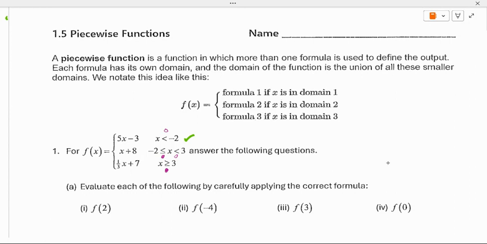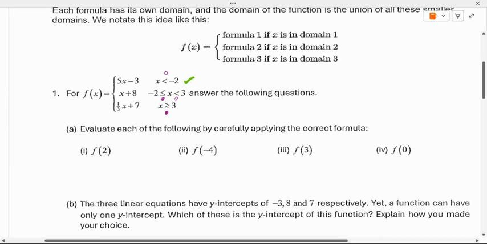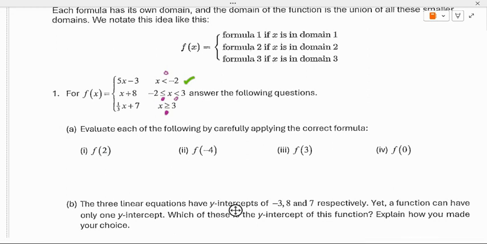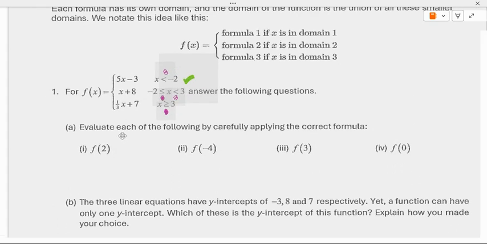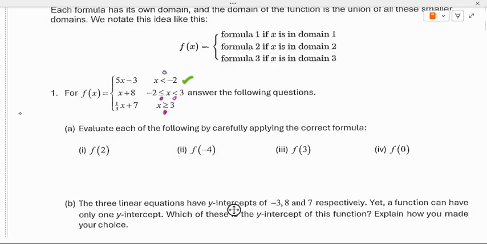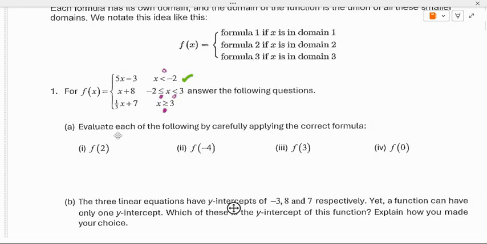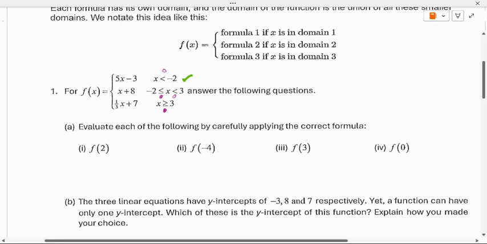So the first thing that we're going to do is evaluate our function over these given domains. We're going to evaluate the first function at f of 2. So you want to look at the domain values and see where 2 falls into your domain restriction, and that's the function that you're going to evaluate.